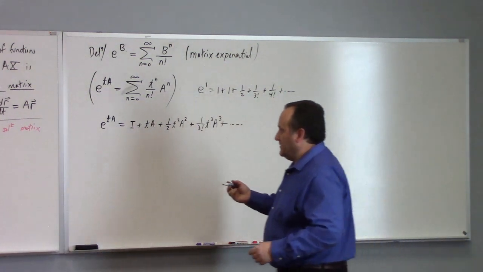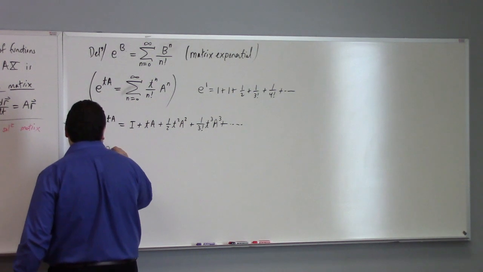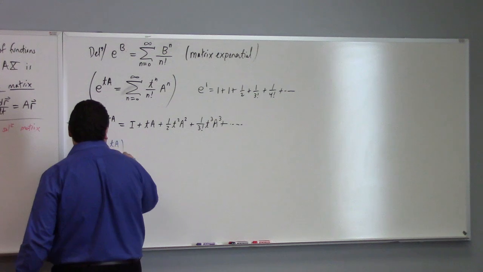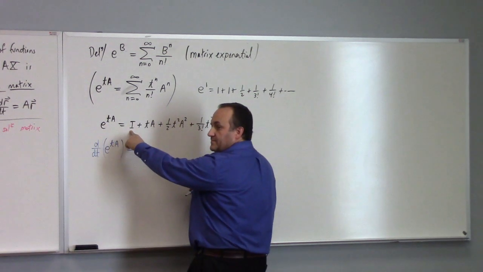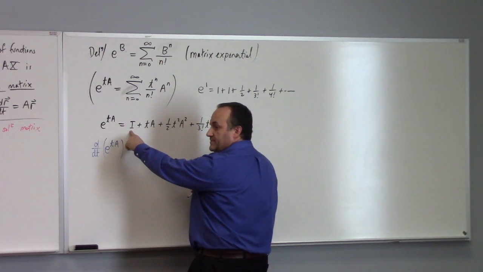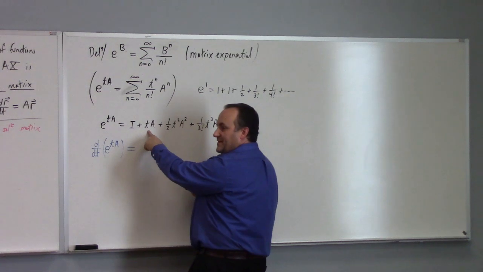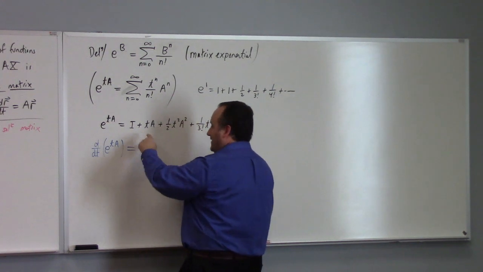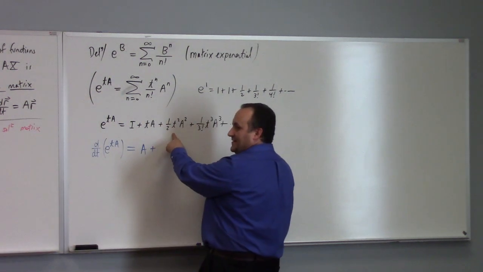But it's more than that, because if we differentiate this, what do we get? What's the derivative of I? Very good. What's the derivative of TA with respect to t? A. What's the derivative of 1/2 t squared with respect to t?